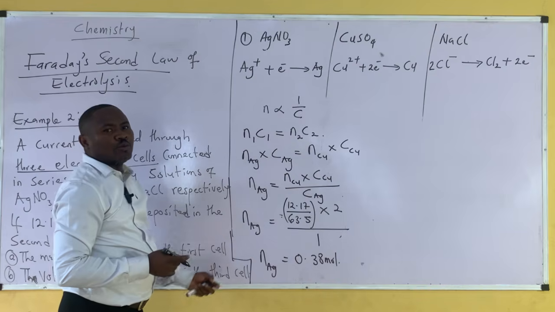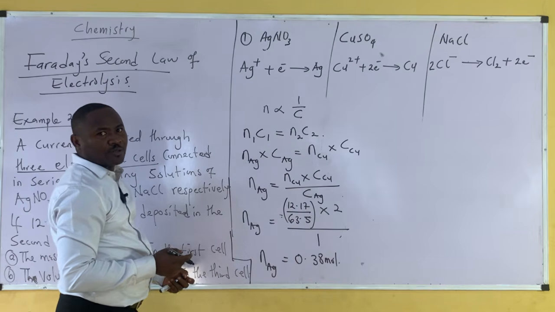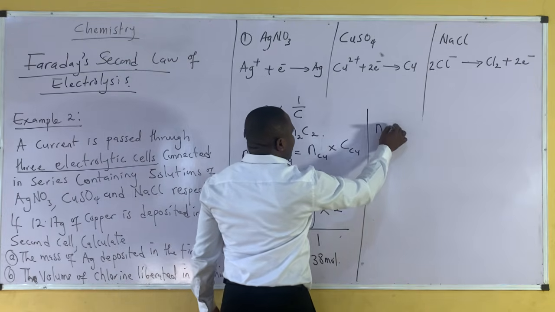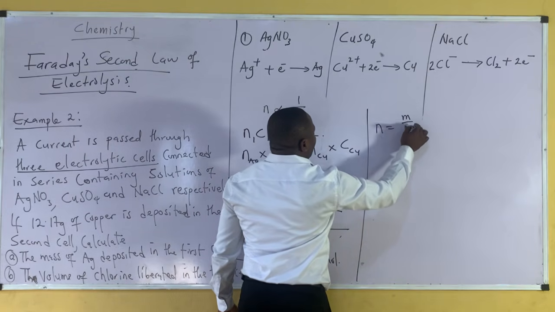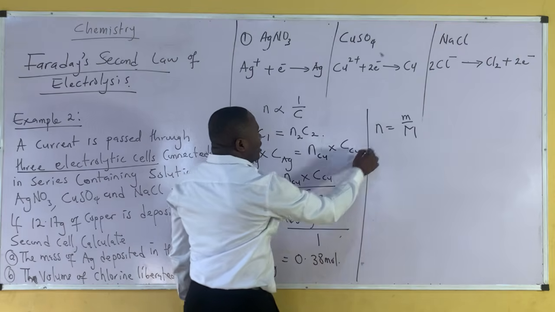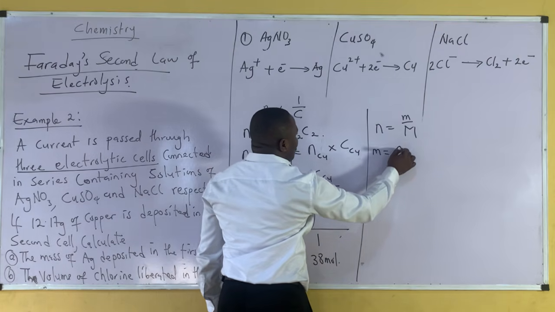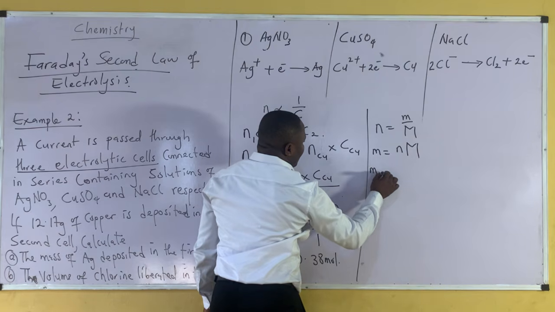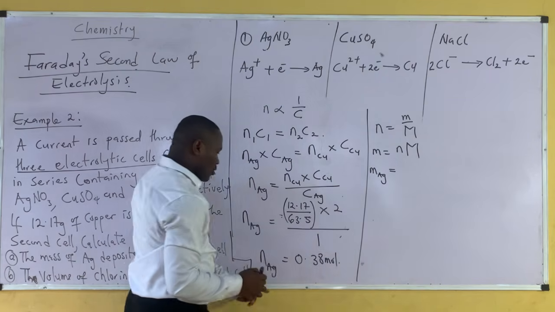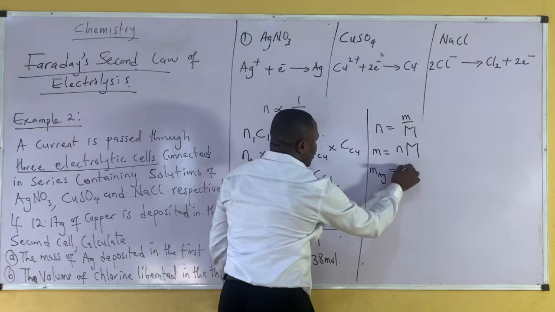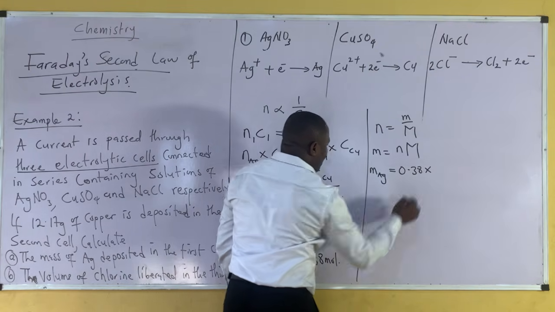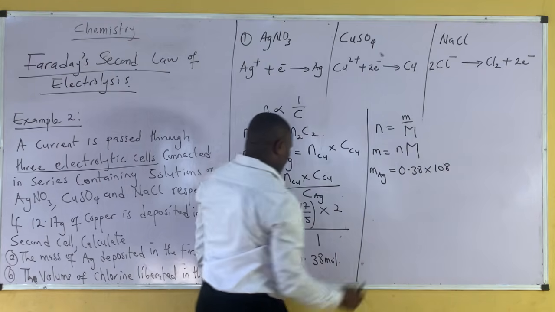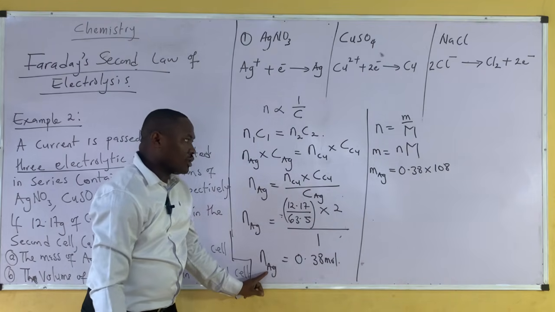Now, if I have the mole of silver, can I find the mass of silver? Yes. How will I find it? Mole is equal to mass over molar mass, so mass is equal to mole times molar mass. The mass of silver is the mole of silver, which is 0.38, times the molar mass of silver, which is 108.